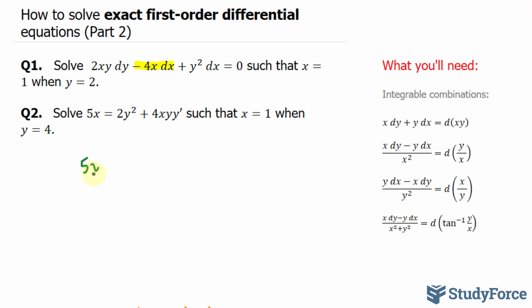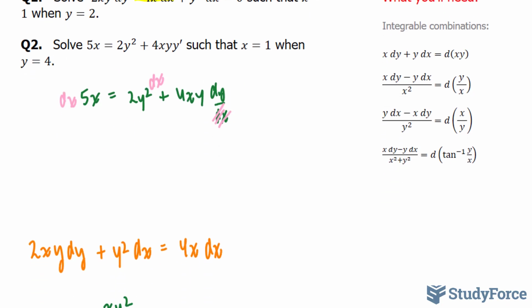So I have 5x is equal to 2y squared plus 4xy dy over dx. I want to clear the denominator, so I'll multiply everything by dx. And if I do that, I end up with dx multiplied to 5x, dx beside this term, and this dx goes away.